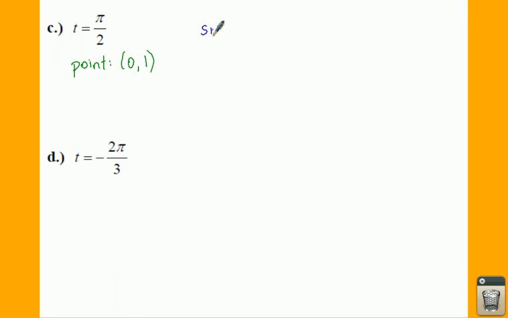So let's list out our 6 trig functions. Oh, good, we have to write it again. Sine, cosine, tangent, and then you're going to have cosecant, secant, and cotangent.